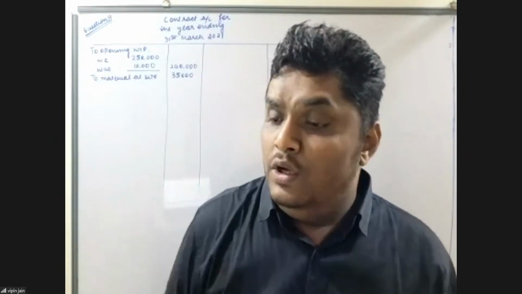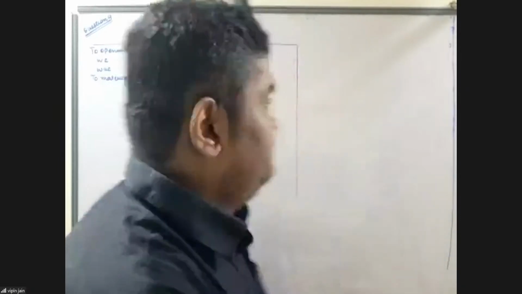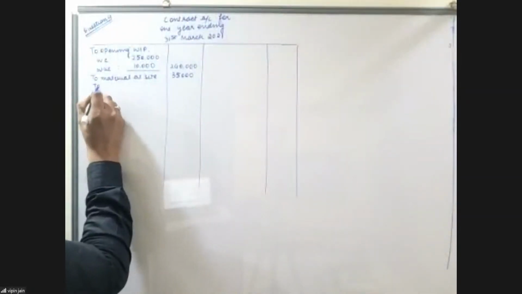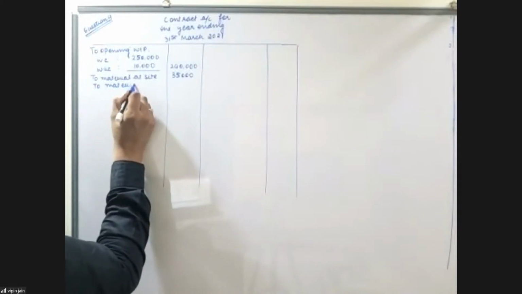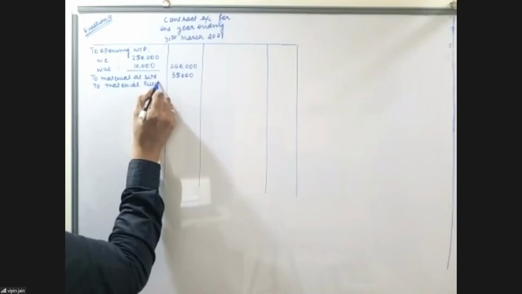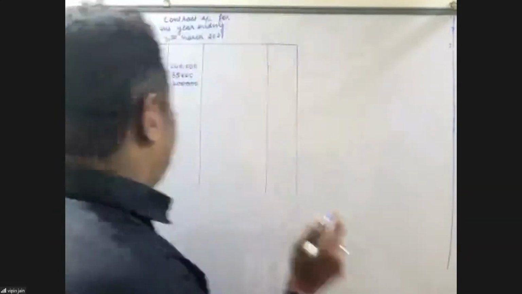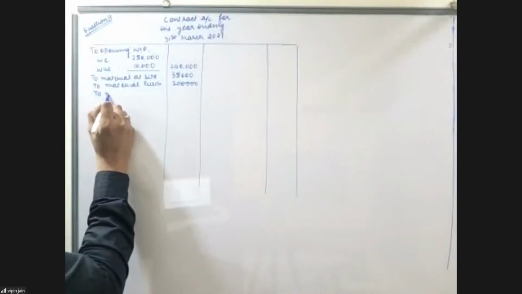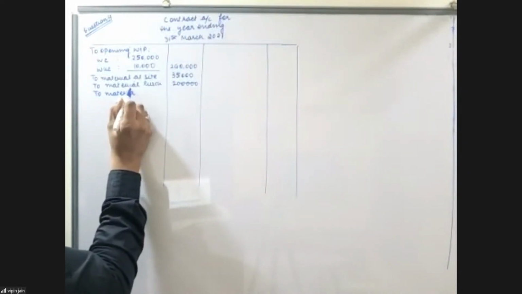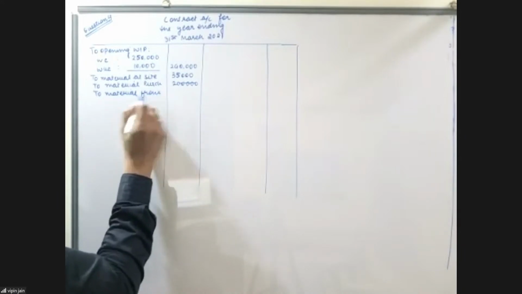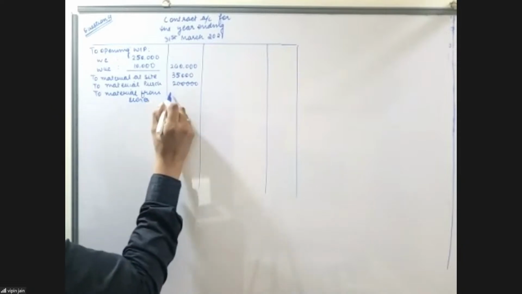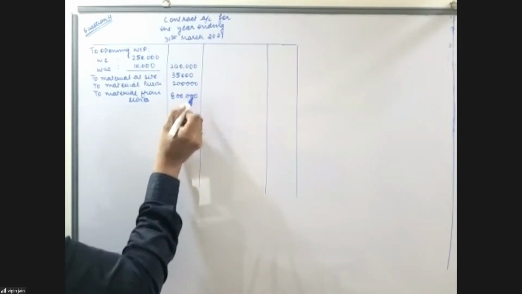So let's start. So to material purchased is 2 lakh. Further, material issued from stores is 8 lakh. Wages paid is 1,50,000.